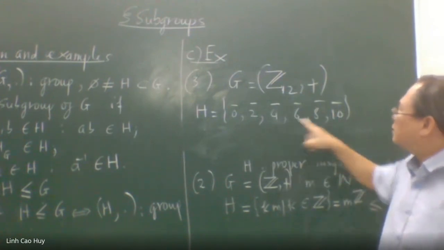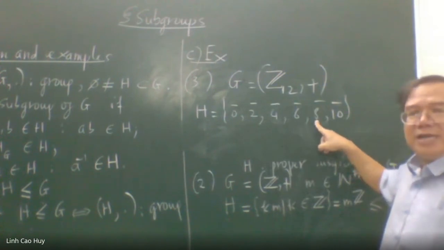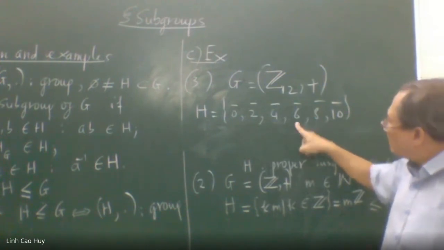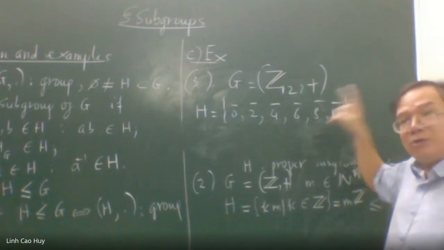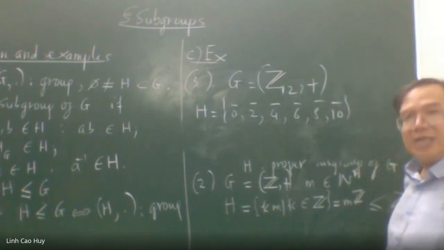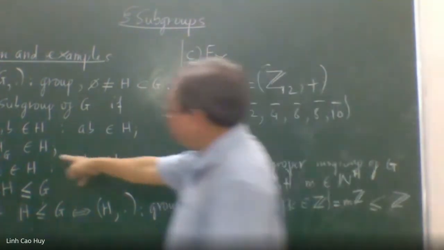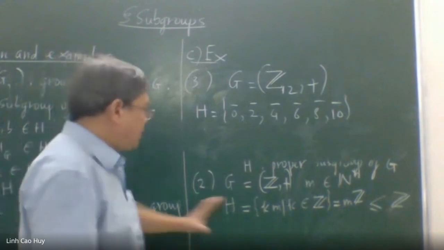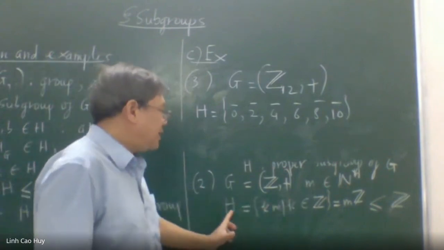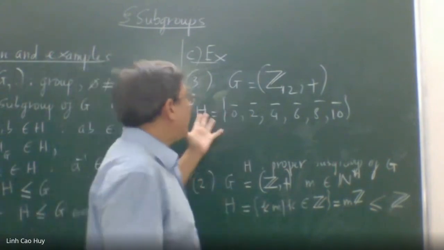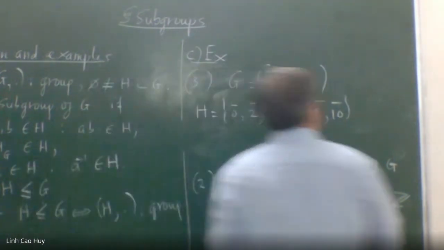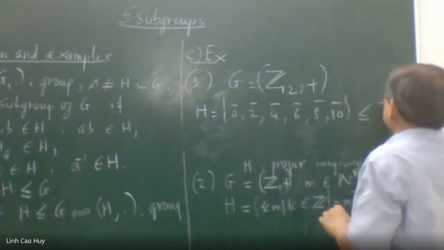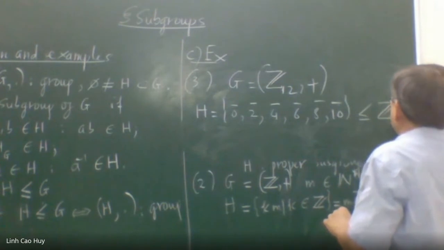Minus 4 class equals 8 class. Minus 6 class equals itself, 6 class. So it satisfies the third condition. It allows us to say H is a subgroup of Z12.